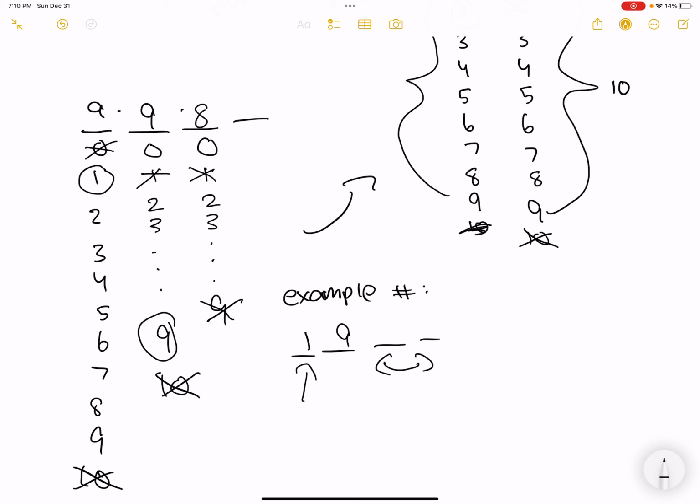So now let's say for the tens digit's place, the number was 3. If the number was 3, then for the ones digit's place, the only possible values could be 0. It can't be 1 or 3, so it automatically goes to 2, and 4, 5, 6, 7, 8, and no 9, because 9 had been chosen for the hundreds digit's place.